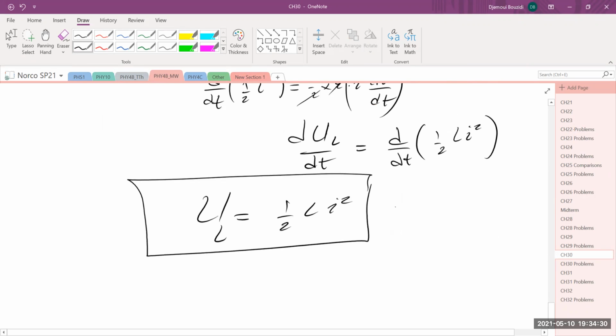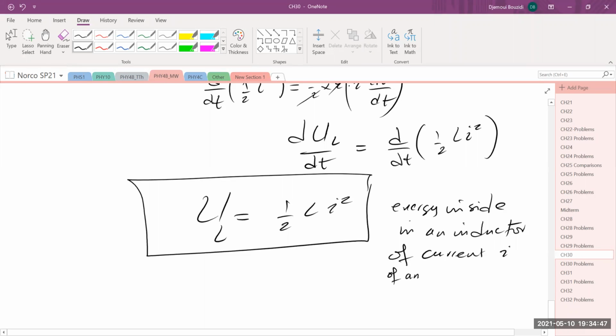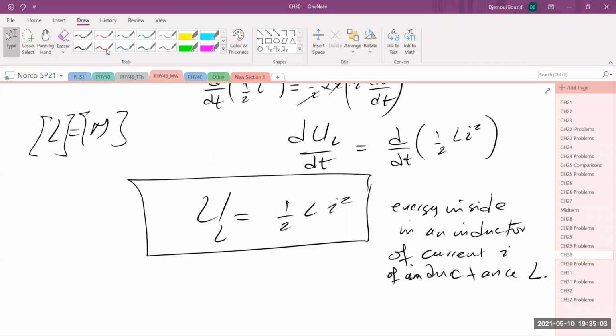So this is the energy inside an inductor of current I and of inductance L. Remember, L has the same units as M. It is also in Henry.